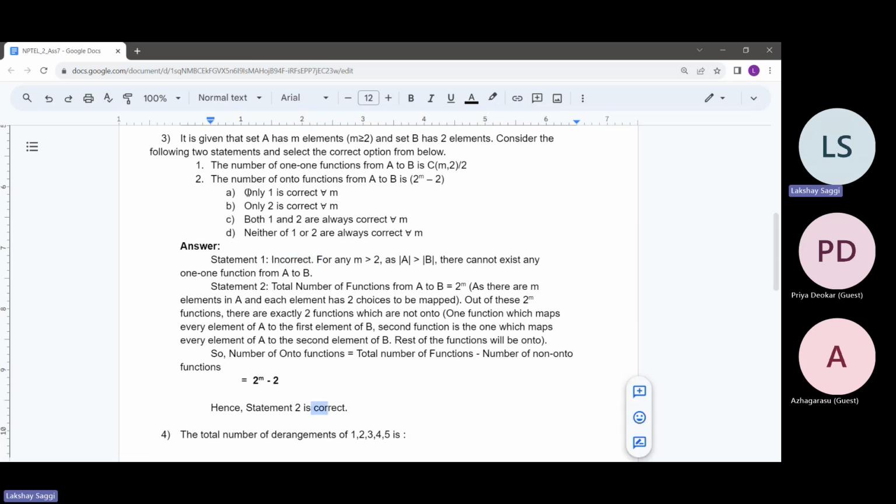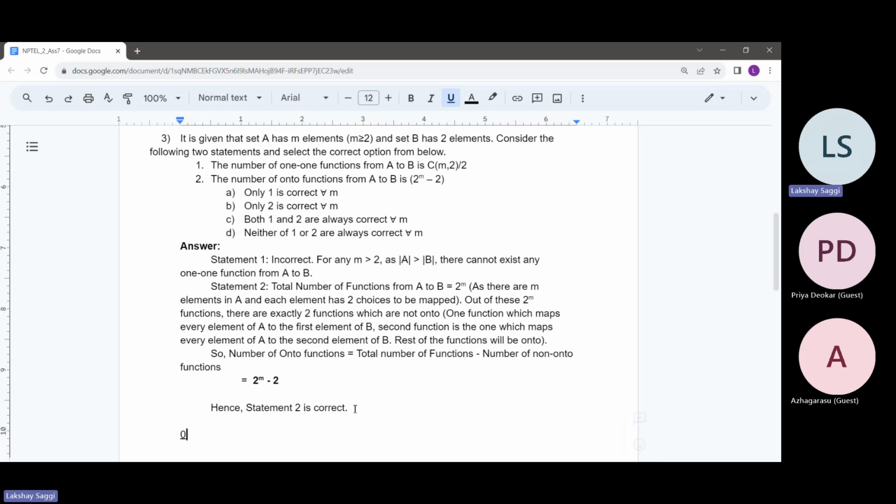So what's the option? Option B says that only 2 is correct. So option B is the correct answer.